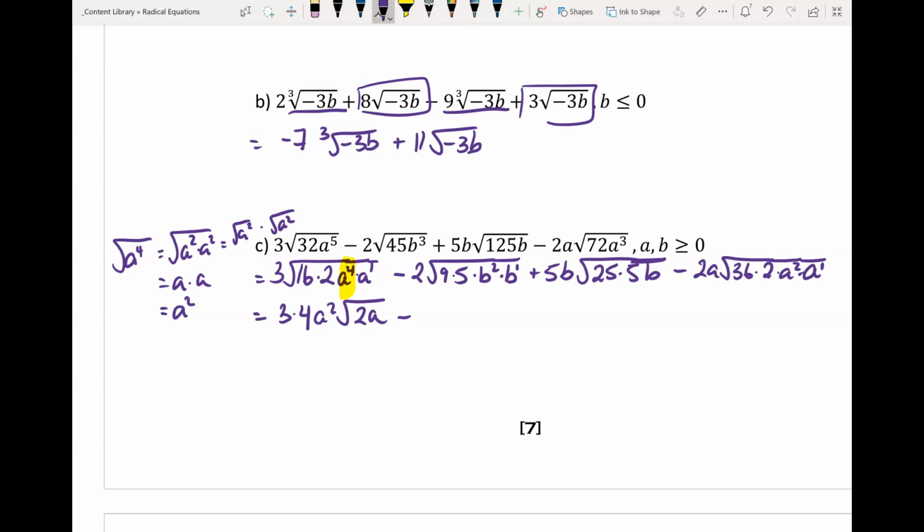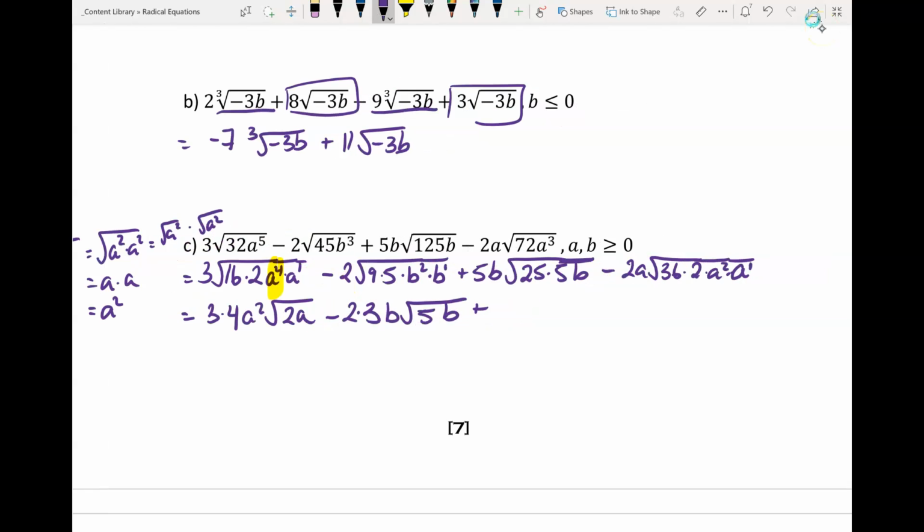For our next term, I'm going to take out the 9 because the square root of 9 is 3. And I can also take the square root of b squared, which is b. What we have left over is 5b on the inside of our radical. For our next term, I can take out the square root of 25, which is 5.